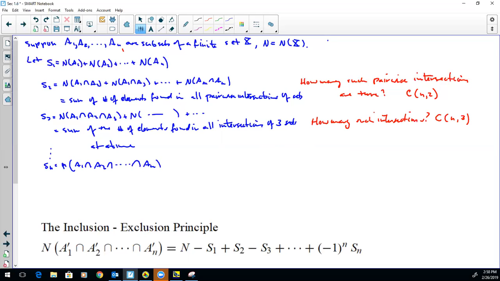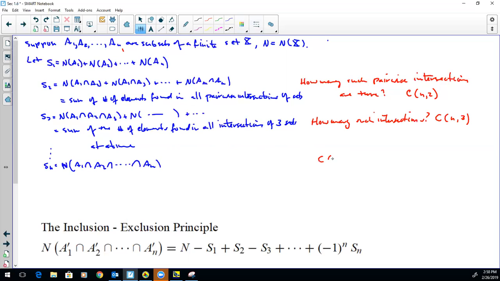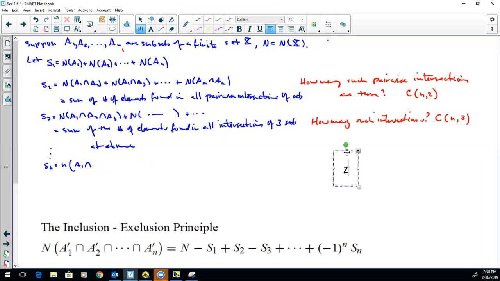I shouldn't be. It should be an uppercase N. It's the number of things you get when you intersect all of them. And over here, how many different sets are there? I'm sorry, I'm leaving things out. I've got notes here and I really ought to refer to them.